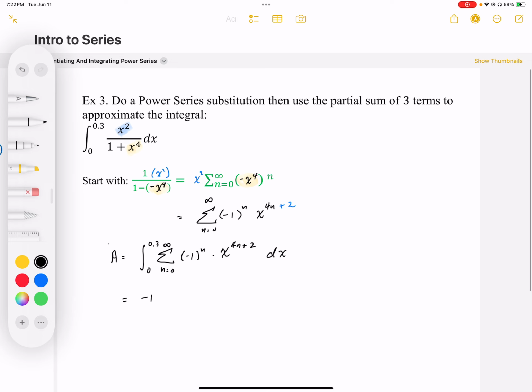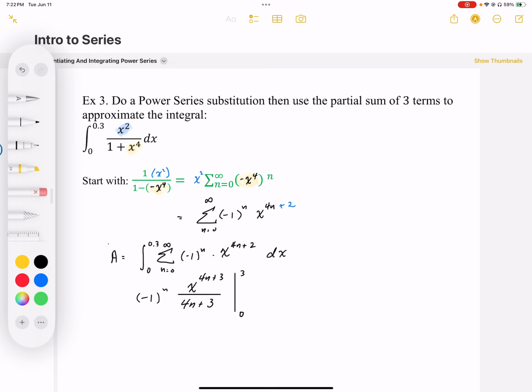So the negative 1 to the power n doesn't get affected. The x to 4n plus 2, I'm going to apply the power rule, so I get x to the 4n plus 3, and then I'm going to divide by 4n plus 3, and then I'm going to apply my bounds from 0 to 0.3.